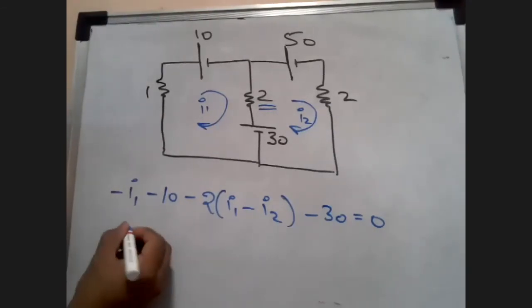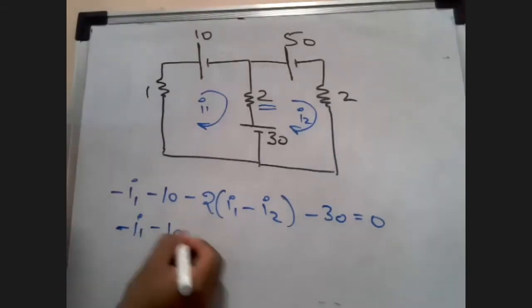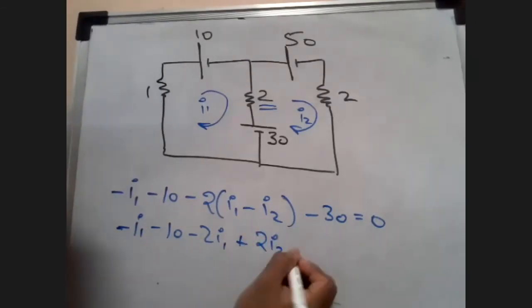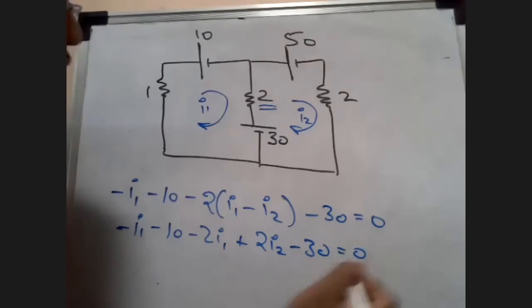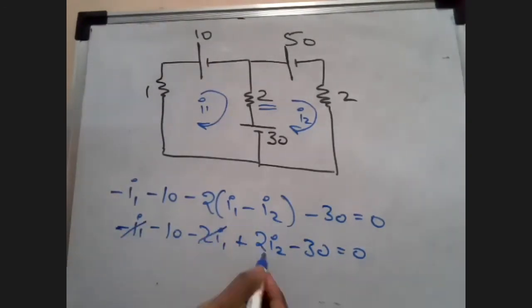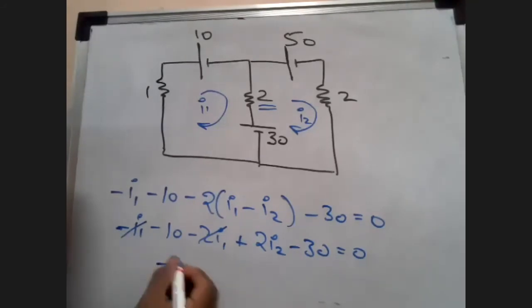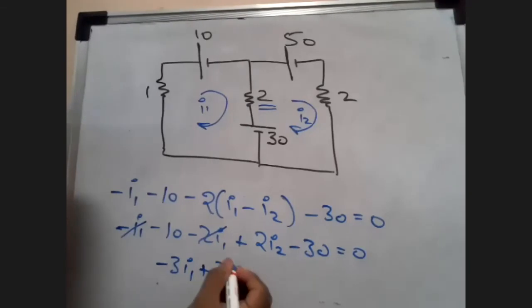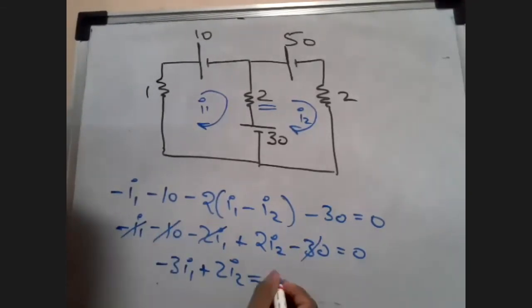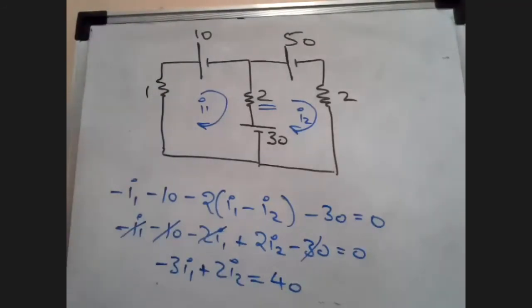Solve this, what will you get? Minus I1 minus 10 minus 2 times I1 plus 2 times I2 minus 30 equals 0. So then what do we get? Minus 3 I1. Is there any other I1? No. Minus 3 I1, plus 2 I2, and then minus 10 and minus 30, which is equal to 40.